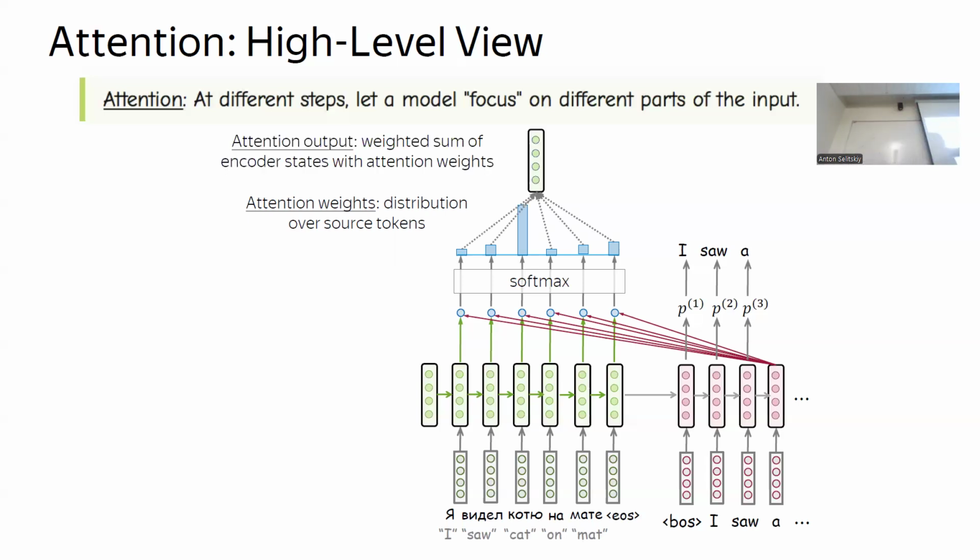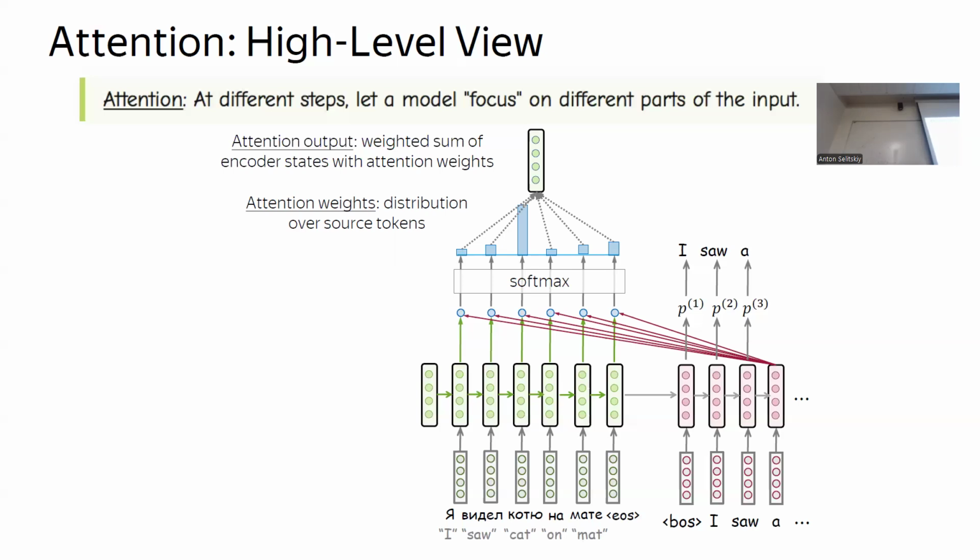After multiplying these tokens by these probabilities, we sum up and we get the vector. And then we can use this vector in different ways. There are many attention architectures. You can use this vector as the hidden vector in the second recurrent neural network.